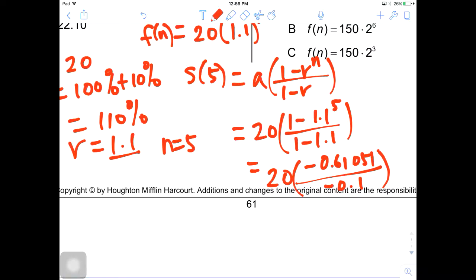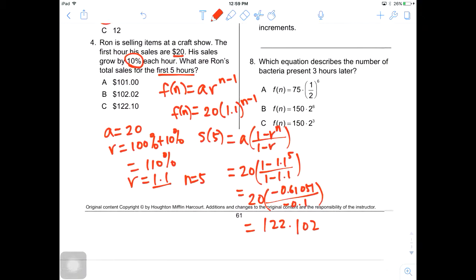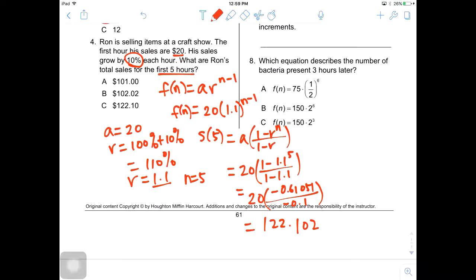So I have 6.1051 times 20 outside. The total should be 122. So that should be the total. And it looks like the closest answer is answer choice C.